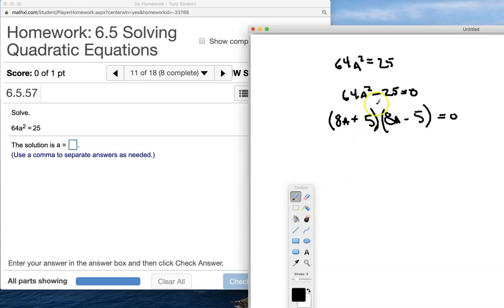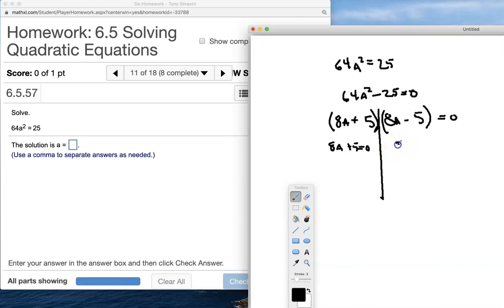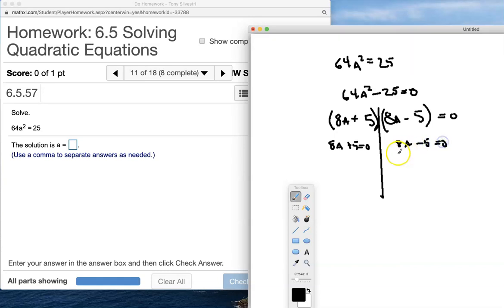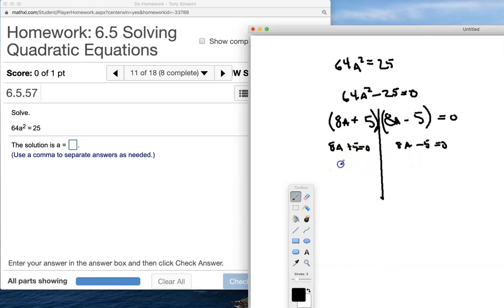Now, setting your factors equal to 0, I get 8a plus 5 equals 0, and 8a minus 5 equals 0. For this one, subtract 5 from both sides: 8a equals minus 5.